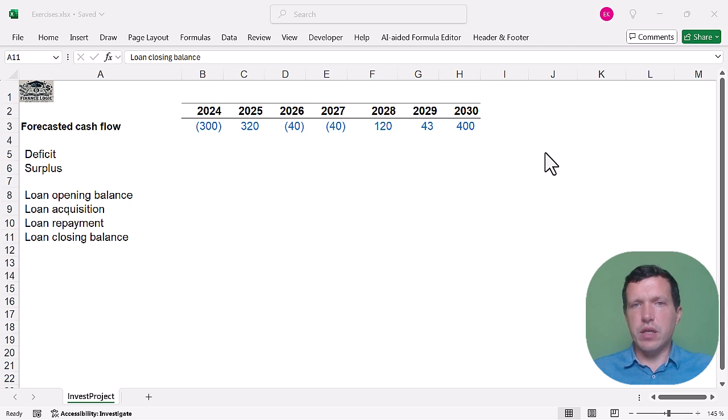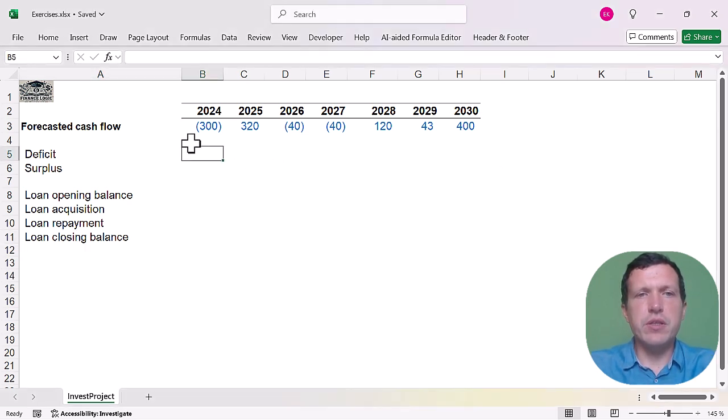To make our estimations more transparent, at first it's very useful to split our forecasted cash flow into two lines, presenting separately deficit and surplus. So deficit is our forecasted cash flow if it's negative, so I multiply B3 by condition that B3 is less than 0.